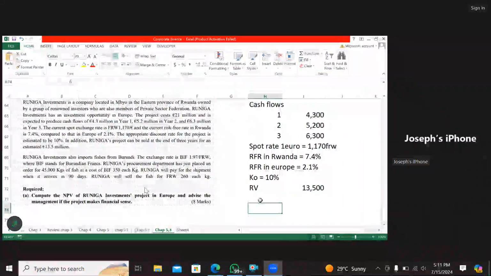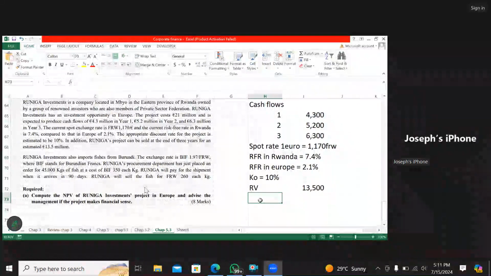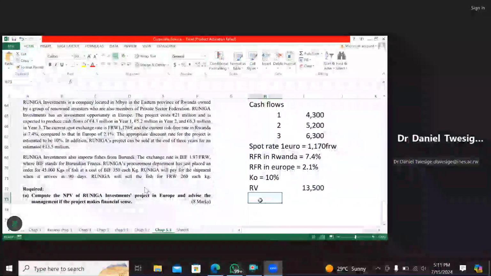If we are given inflation rates, we would have used purchasing power parity. But in this case, we are given risk-free rates. These are interest rates. So it means in this case, we have to use an interest rate parity.